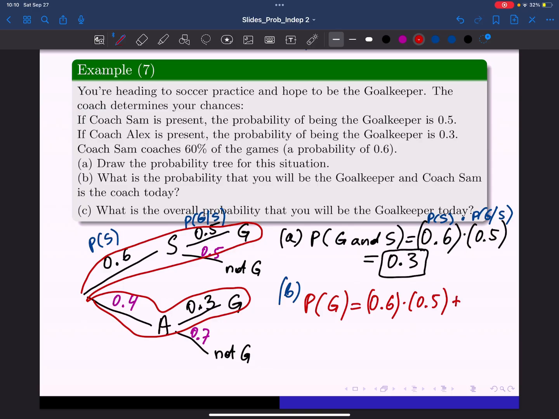So plus, and the second branch is 0.4 times 0.3. So if we multiply this out, we're getting 0.42. So the chance of being a goalkeeper is equal to 0.42.